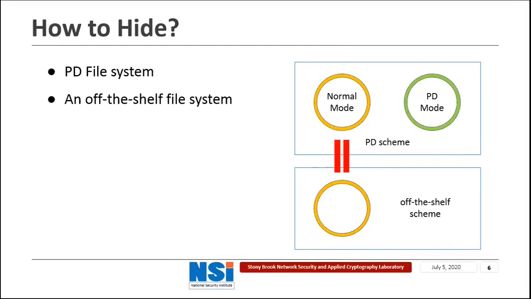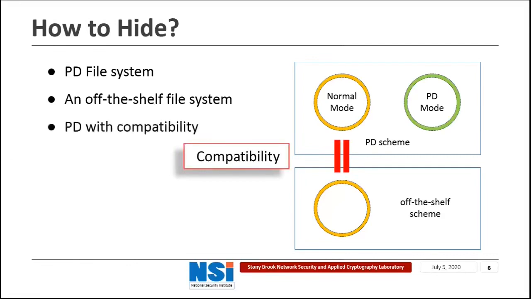As the PD scheme ensures that the adversary cannot distinguish whether the normal mode or the PD mode is used, and the normal mode has the identical disk layout as the off-the-shelf file system, the adversary cannot distinguish whether the PD scheme or the off-the-shelf file system is used. We call this kind of PD scheme a PD scheme with compatibility.